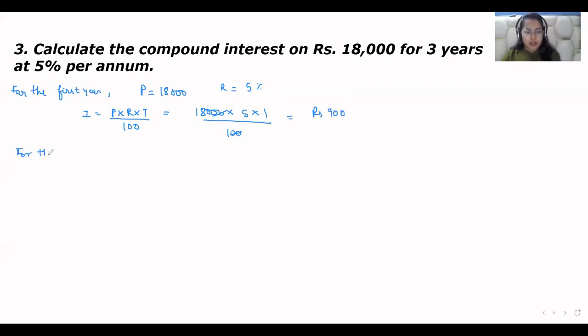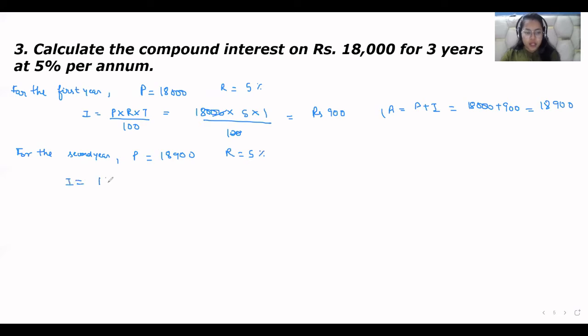And for the second year, we also calculate the amount, because our amount becomes the principal of the second year. So amount is principal plus interest: 18,000 plus 900, that is 18,900. For the second year, our principal is 18,900, rate is 5% and time is 1 year again.